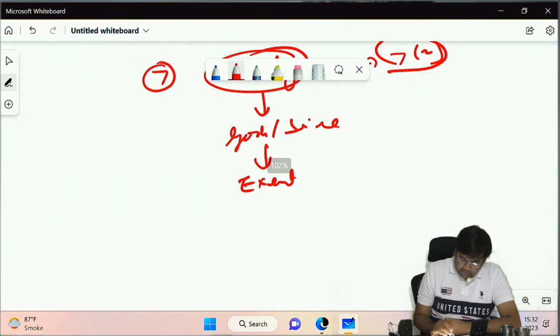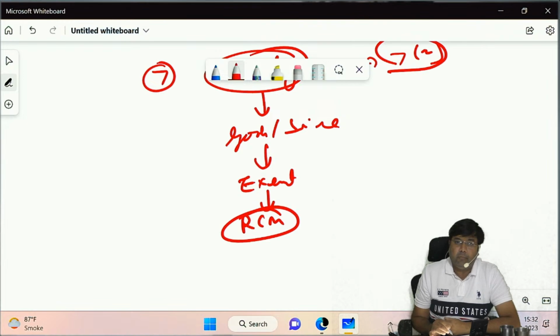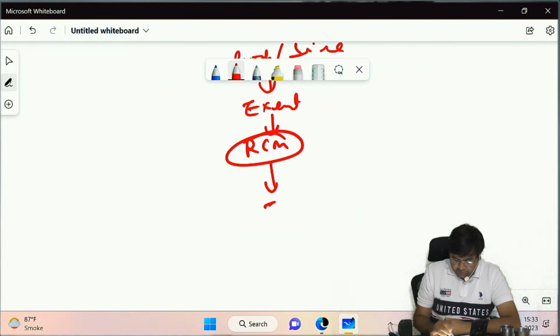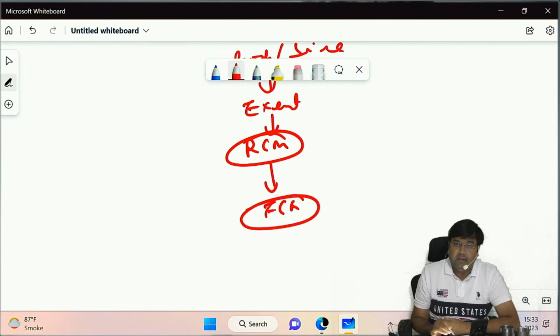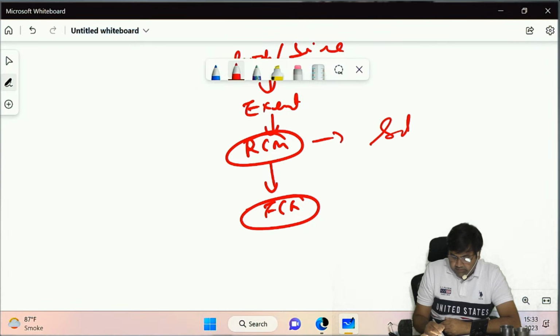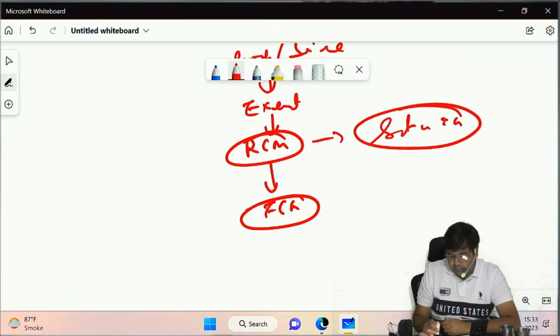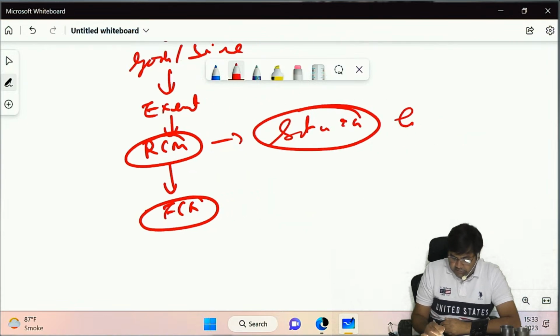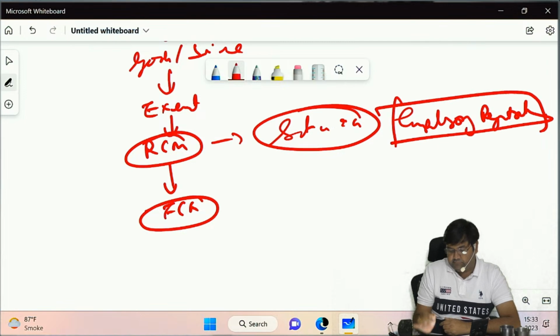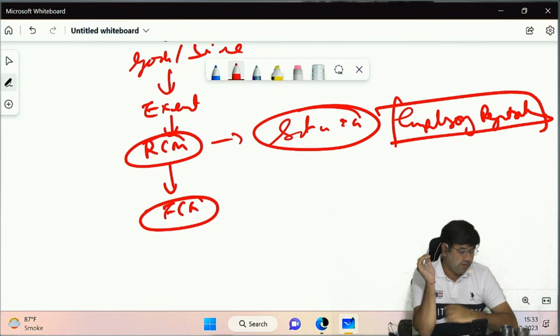If it is not exempt, then we are going to see whether it is notified for reverse charge. If it is not notified for reverse charge, then forward charge. And if the reverse charge applicable person is not registered, then remember under section 24 registration provision, compulsory registration.